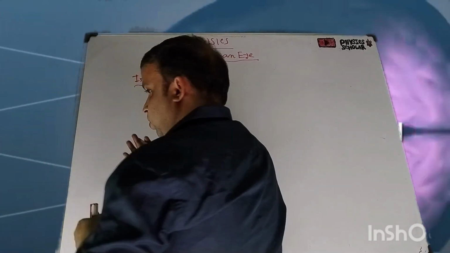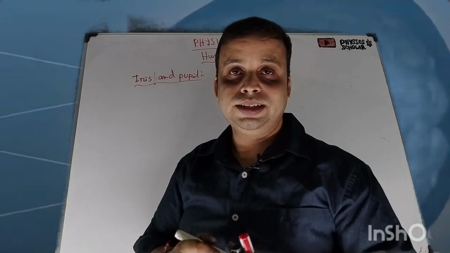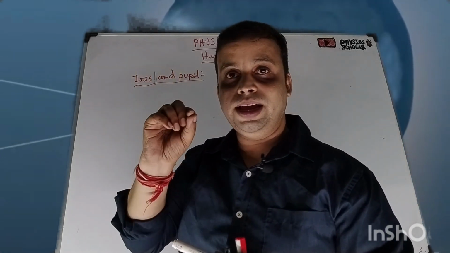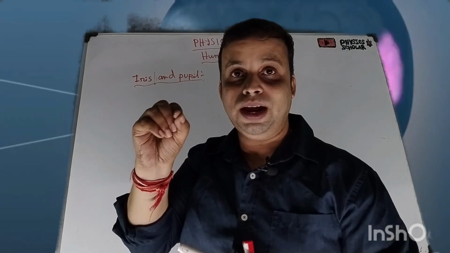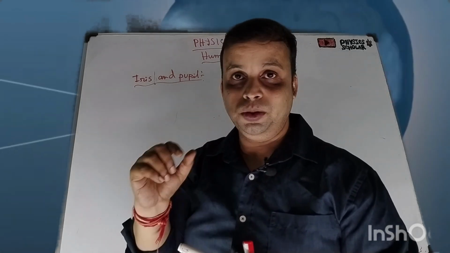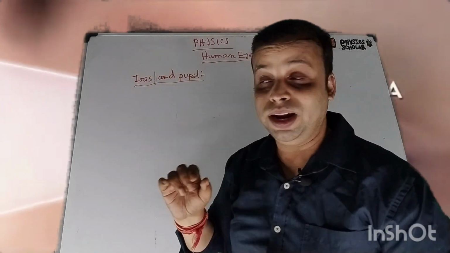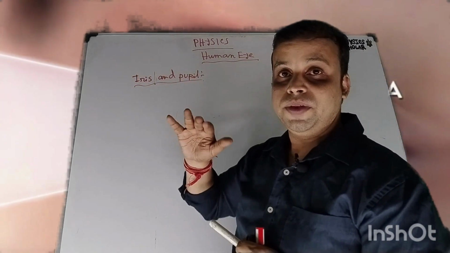Behind the cornea there is a spherical diaphragm, and at the center of the diaphragm one tiny hole is there. This diaphragm is known as the iris and that tiny hole is known as the pupil.